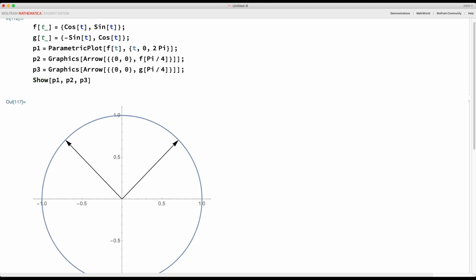Okay, so I could go in here and color code these so you can tell the difference between them, but I'll just leave it like that for this instance. So, the one that's pointing to the right is my position. The one that's pointing to the left is my derivative, okay?